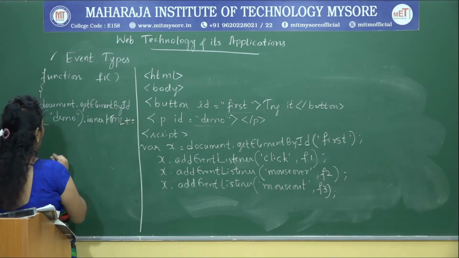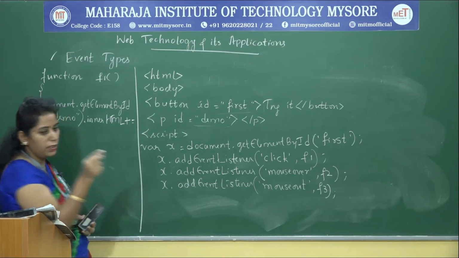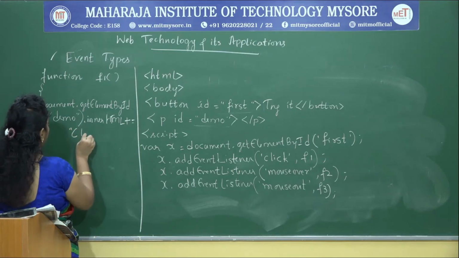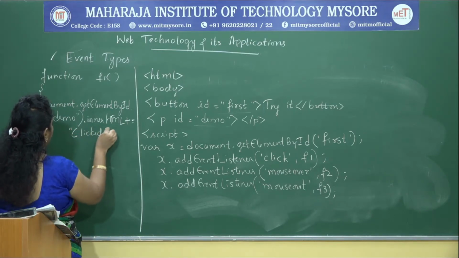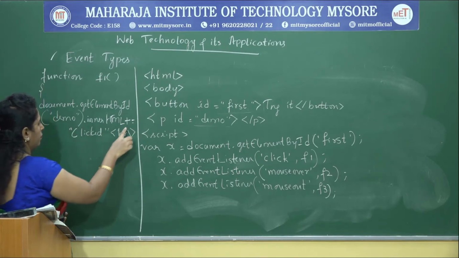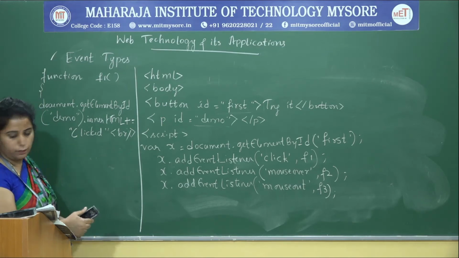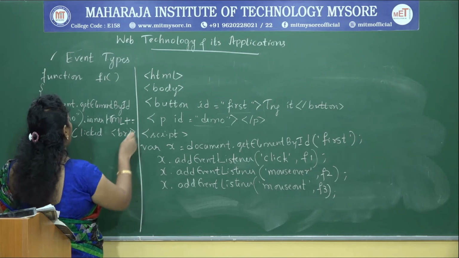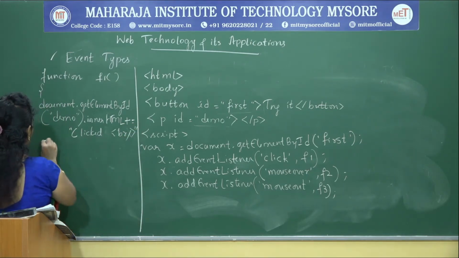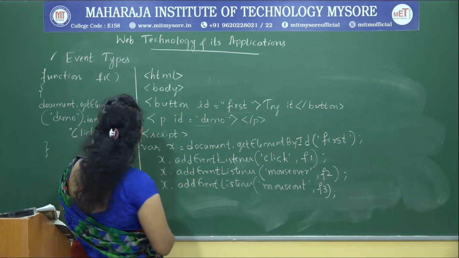This is a shorthand operator. What it does? It prints a message, that is clicked, then break. You have to close the double quotes here. So this is a definition for function 1.